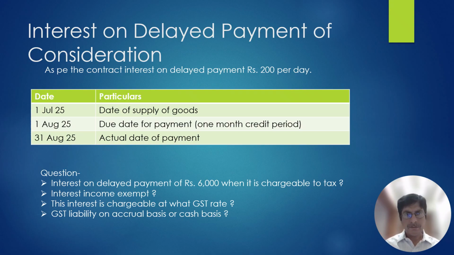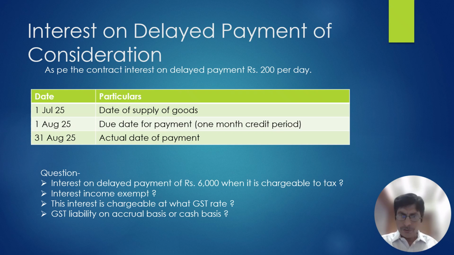Then according to section 12 and section 13, in case of goods and services respectively, GST is payable on this interest for delayed payment on receipt basis. See, normally GST is payable on accrual basis.